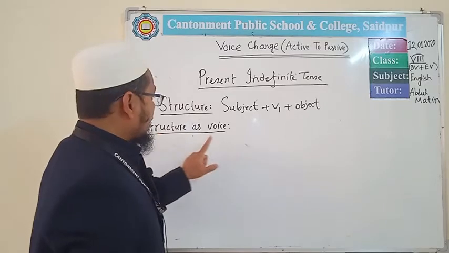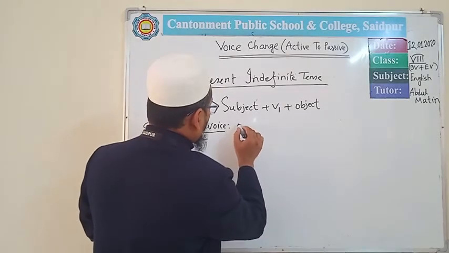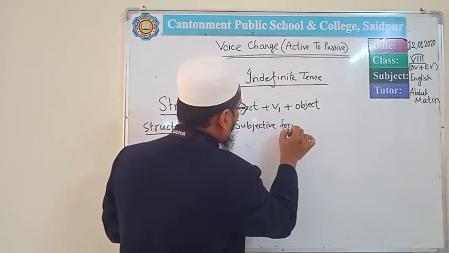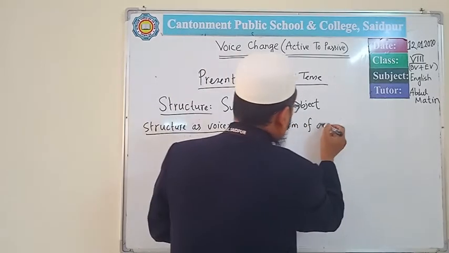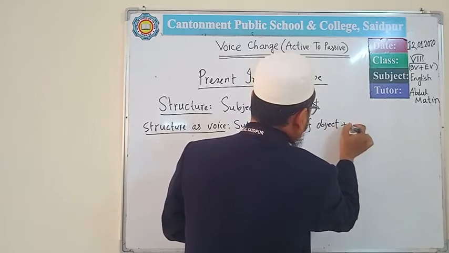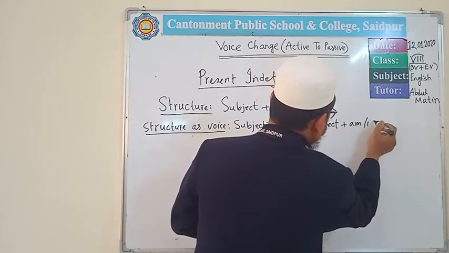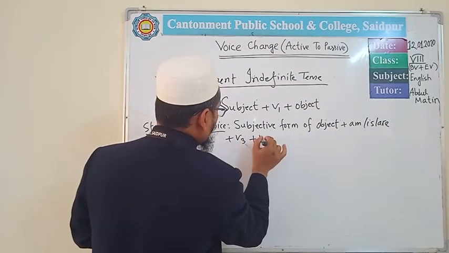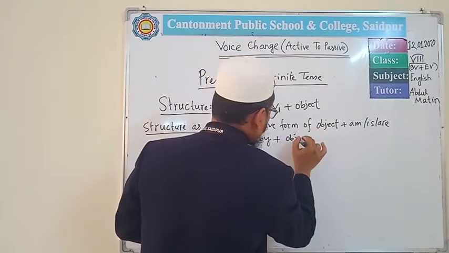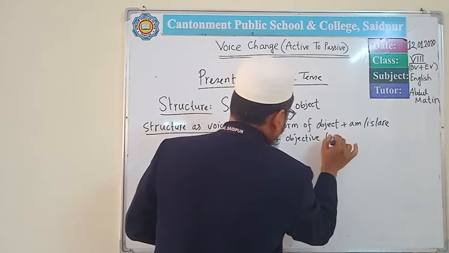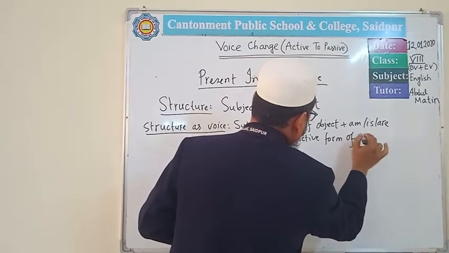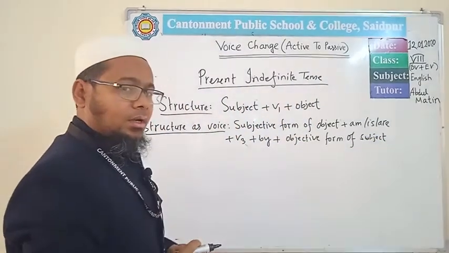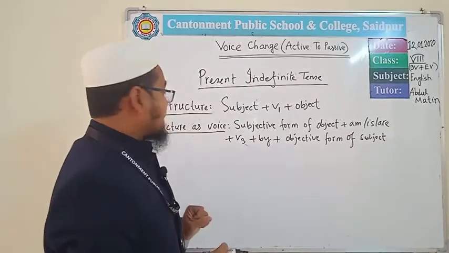It will be structured: subjective form of object plus am, is, are, plus verb 3 plus by plus objective form of subject. This is the structure, how to change into passive voice.